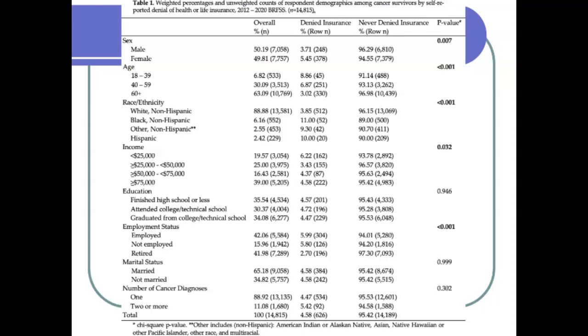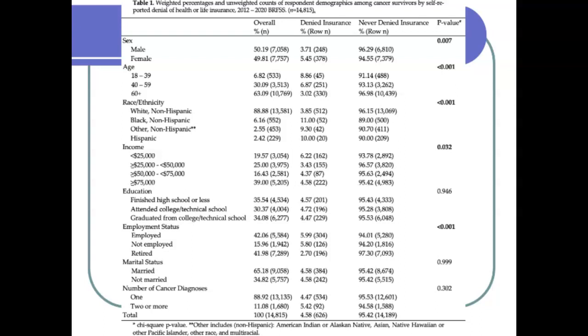What this actually tells me is that when I run my analysis looking at the relationship between race and ethnicity and whether or not someone was denied health or life insurance, I should not consider variables like education, marital status, or number of cancer diagnoses.